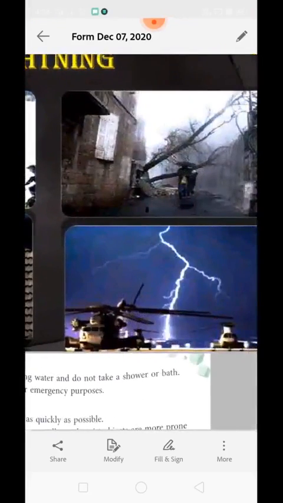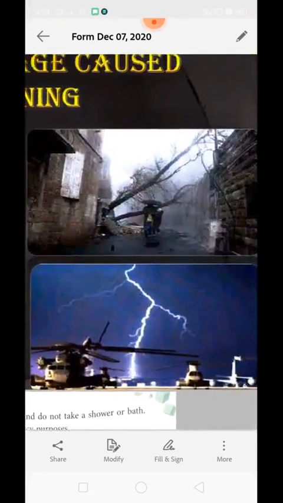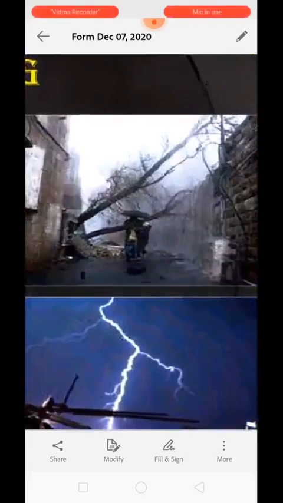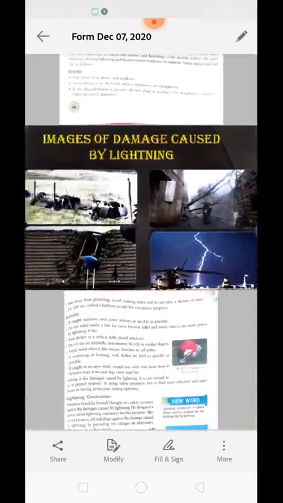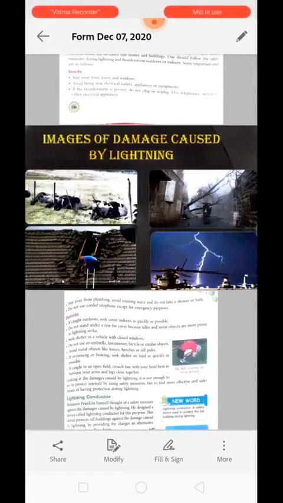See over here, this area also has received lightning. Because of lightning the houses get damaged, people suffer a lot, and it can even cause the death of animals. So it is very, very dangerous because it has a very high amount of heat.